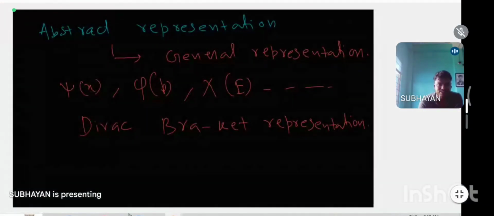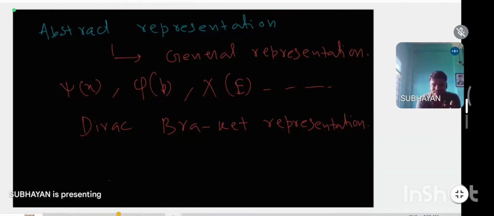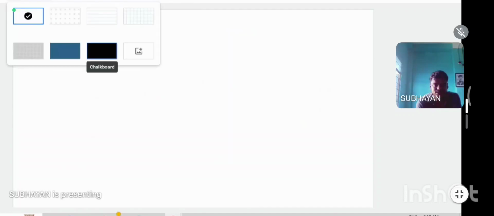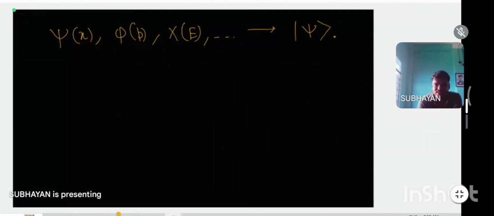So in Dirac bracket representation, all sorts of representation you have done in different cases in quantum mechanics can be taken in one algebraic form, which is psi ket. This is called the ket vector, and it includes all of these representations. Any different representation, psi x, phi p, chi e, or anything, is related to psi ket.